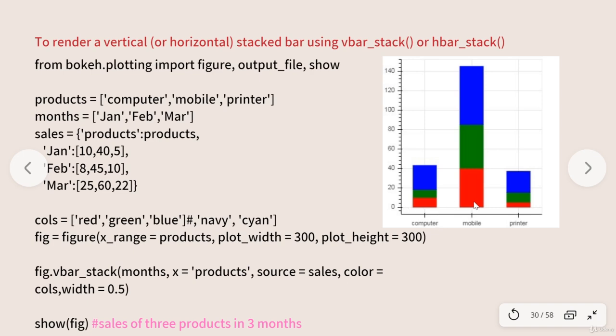That's the width of every bar you want. So you see it has been stacked. Computer sales for the month of January, February, and March, stacked one over the other. This is for printer sales in January, February, and March, stacked one over the other. This is how you can showcase it in the form of vertical bars.